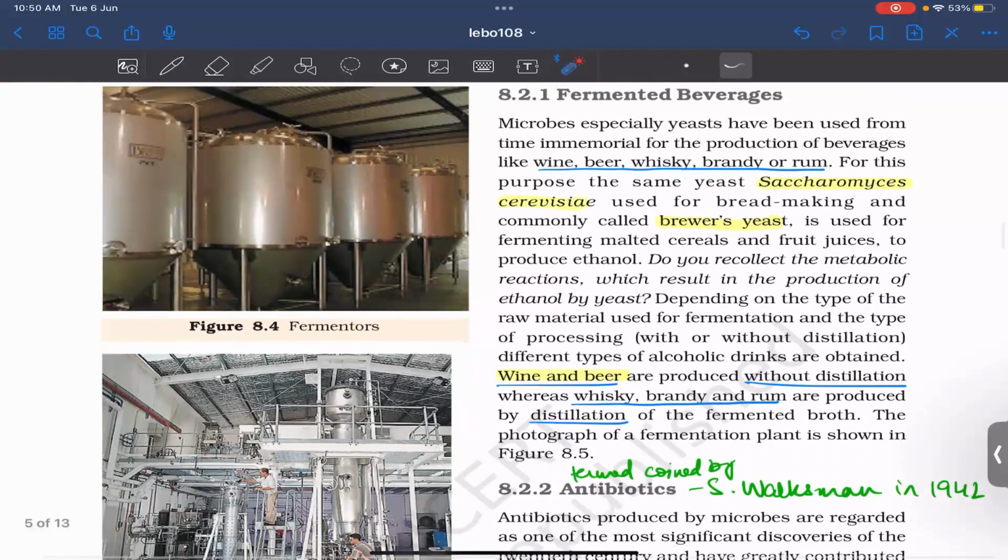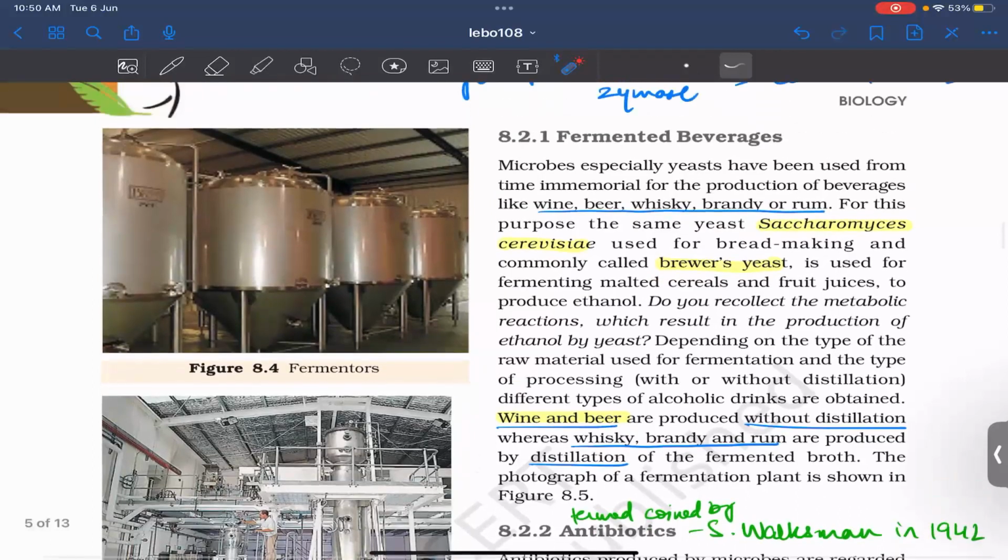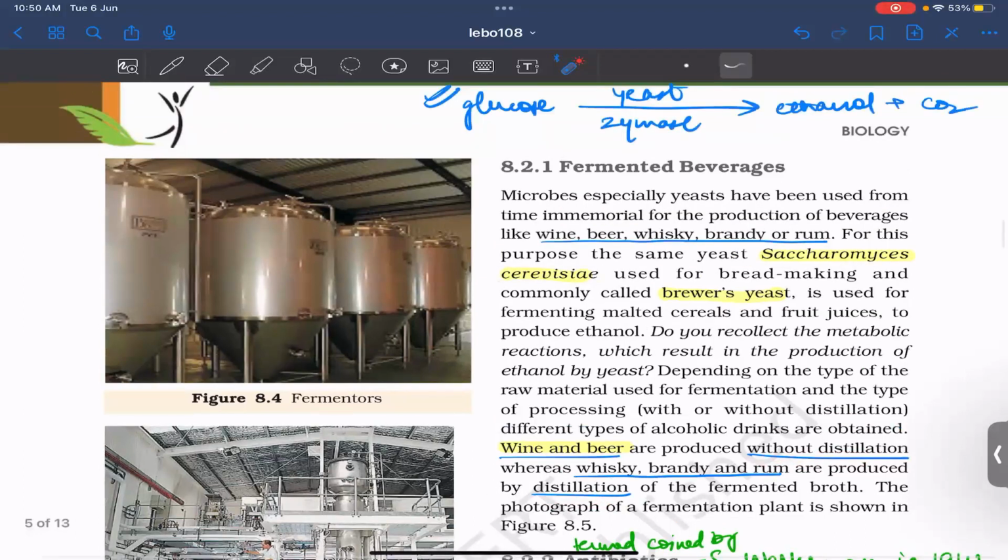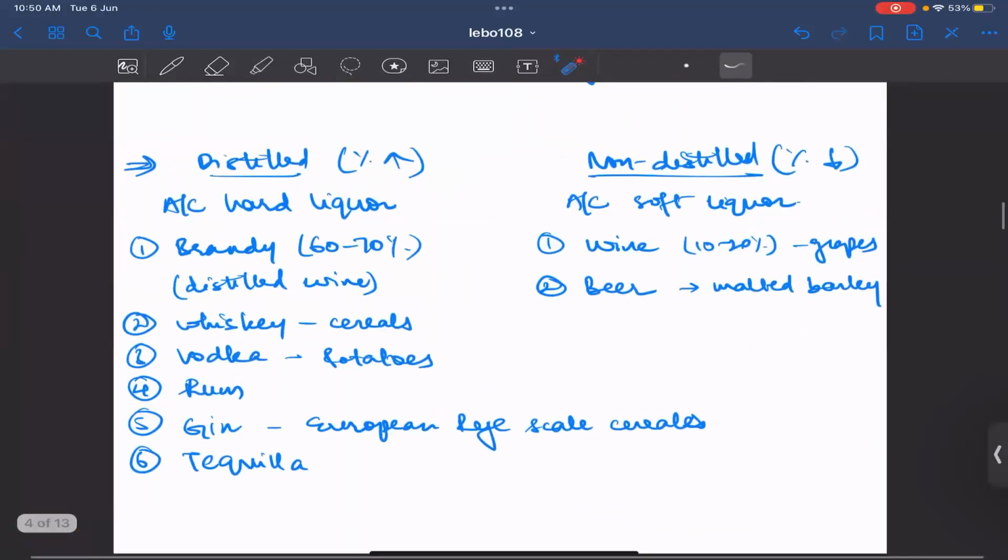Now there are two types of drinks: without distillation and with distillation. Let's discuss these. They basically differ in the quantity of ethanol present. The distilled ones have a higher concentration of ethanol, whereas the non-distilled ones have a lesser amount of ethanol.